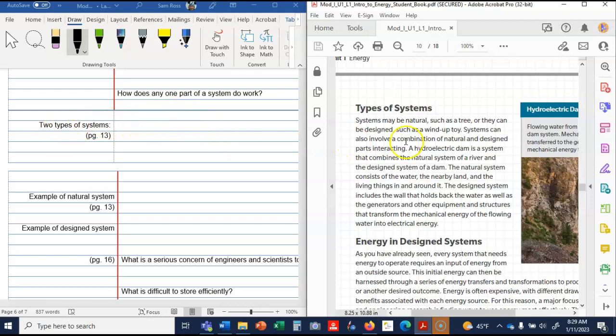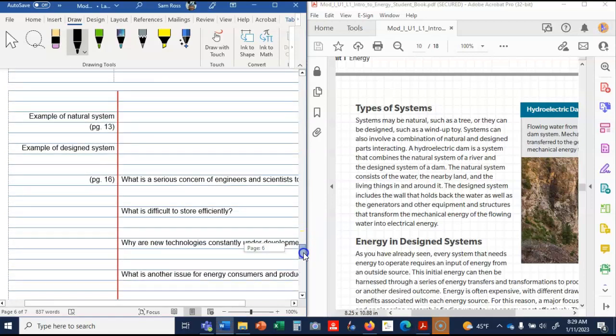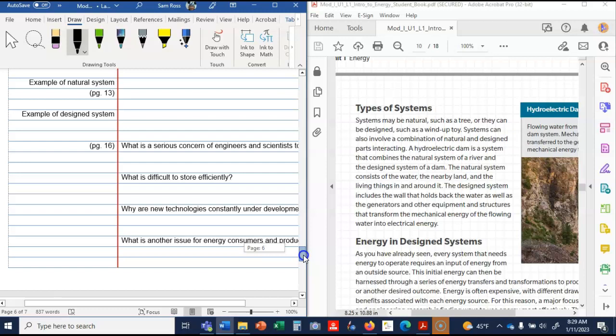So under two types of systems, we have systems may be natural, such as a tree, or they may be designed, such as a wind-up toy. So for your example of a natural system, a tree is a natural system all in itself, creating oxygen from carbon dioxide. And then an example of a designed system would be a wind-up toy.